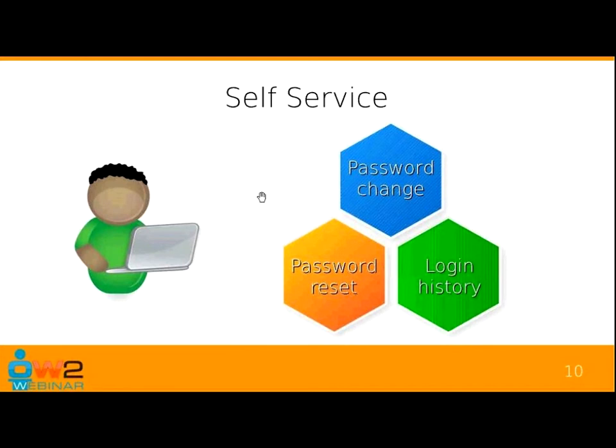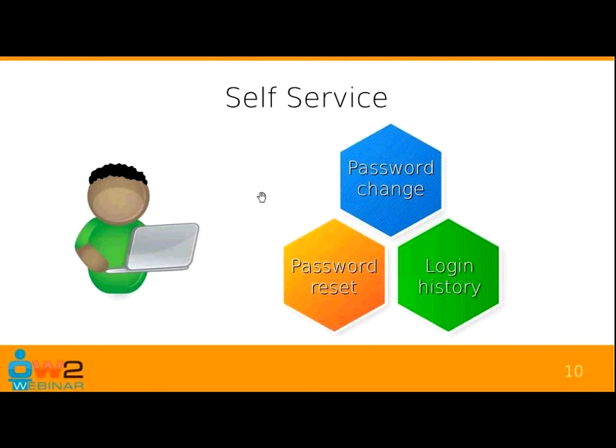LemonLDAP is also a self-service software because we offer the users a lot of services like password change, which means if the user needs to change their password, they can access the portal and change their password.